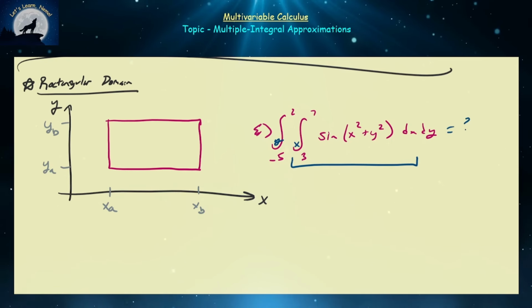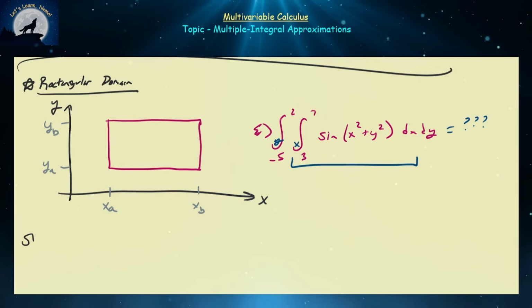So what is this integral equal to? Our goal is to integrate over this rectangular domain, but we don't necessarily know how to do it. For example, polar coordinates might be a good place to start, but from there, things could get really, really complicated. So how can we approximate this?